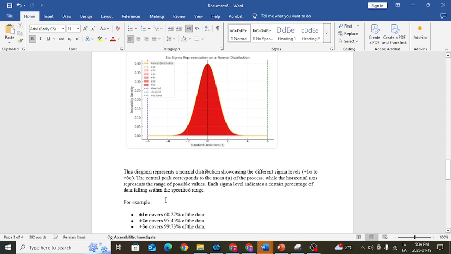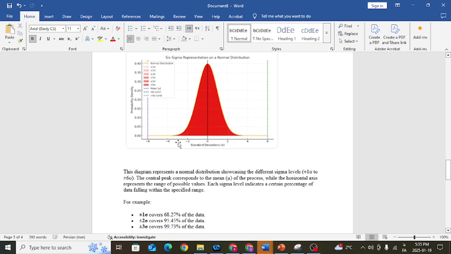For example, +1 and -1 standard deviation, from this section until this section. The area under the curve shows about 68.27% of the data, and from -2 to +2 standard deviation, all of this part under the curve, covers about 95.45% of the data.